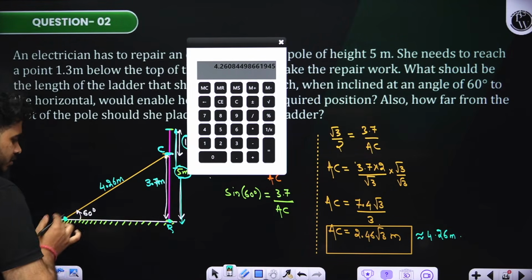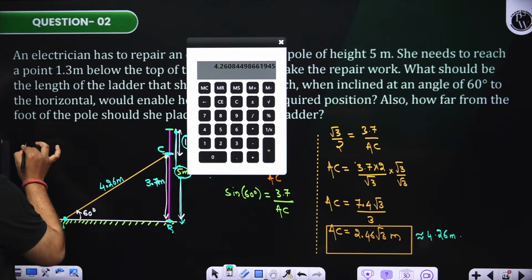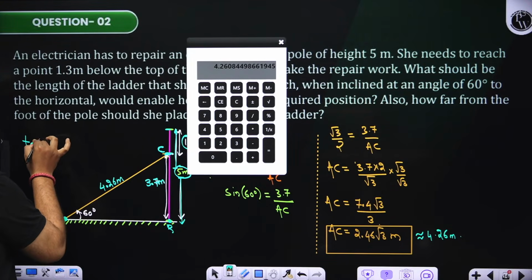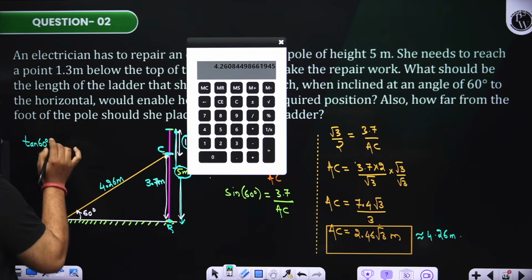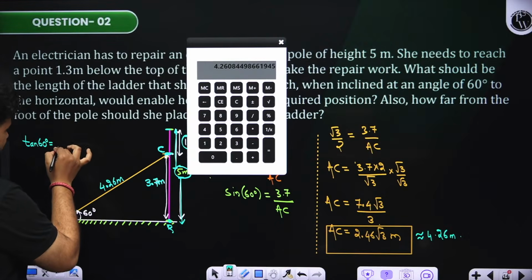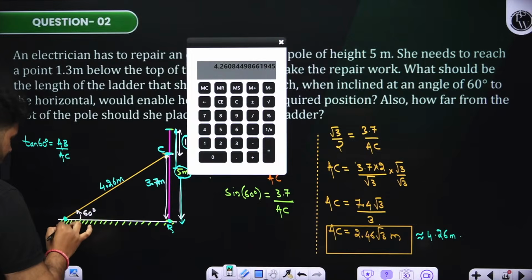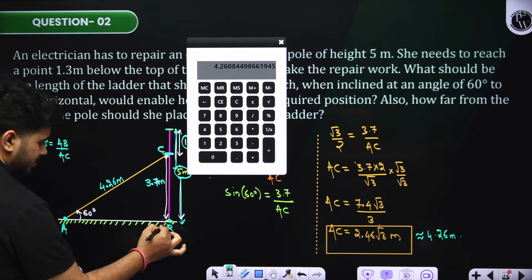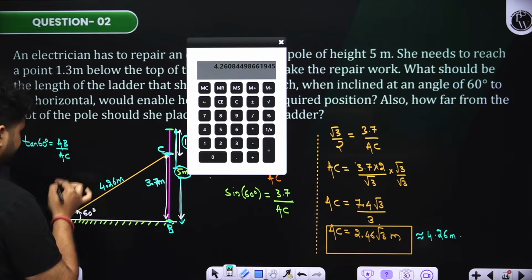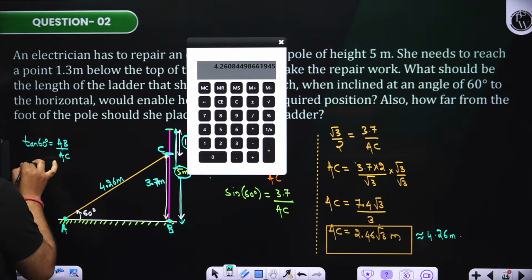Now again you can use in this triangle tan 60 degrees. Tan 60 degrees is nothing but what? Opposite, that is AB, by base, which is BC over here. This is A and this is B. Clear? So which is nothing but root 3.